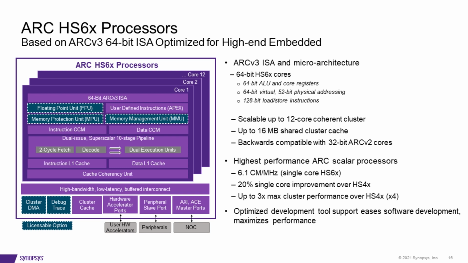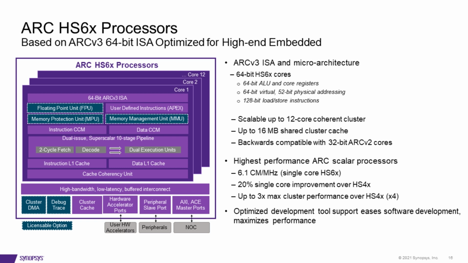And I'll walk through a little more detail on the cluster architecture itself. In terms of detail on the 64-bit core, we do support up to 16 meg of shared cluster cache, and I'll talk about how that can be allocated or partitioned across the multiple cores within the cluster.